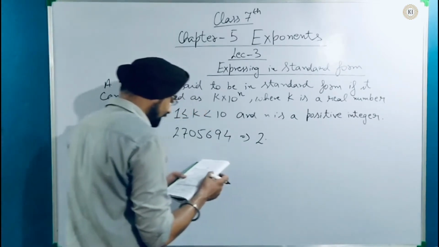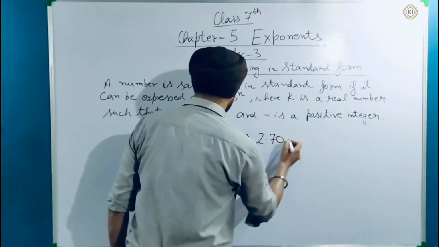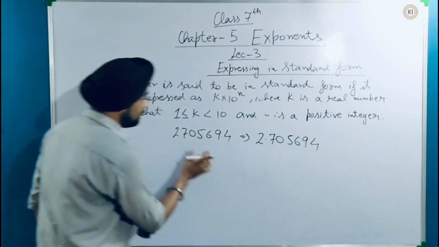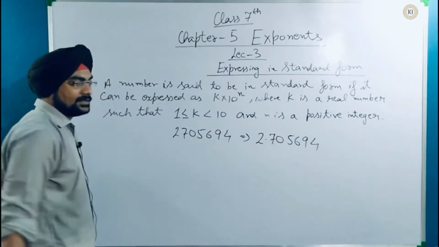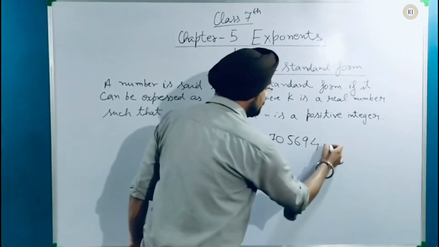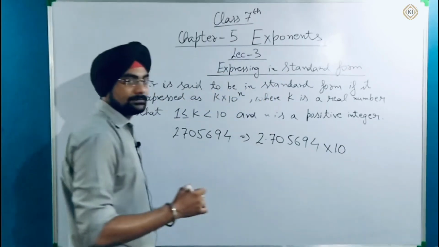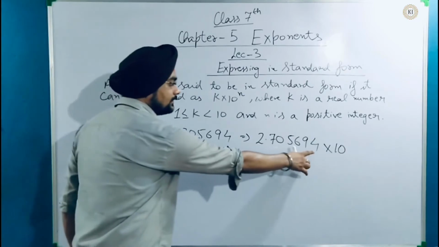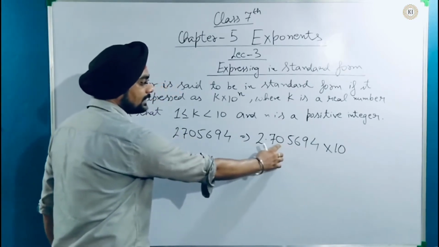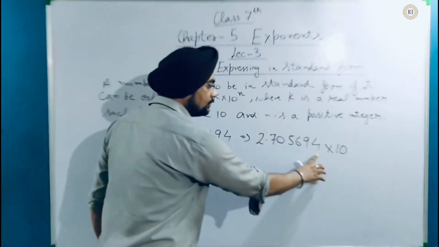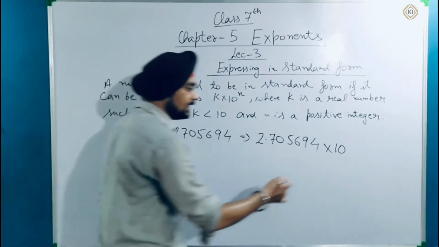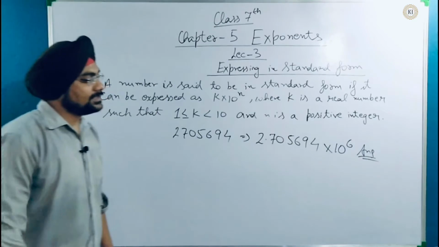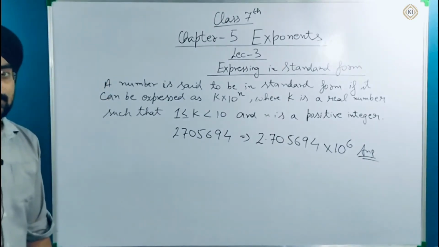Then we write 705694. Whatever value is left, we write after the decimal. Multiply by 10. The base will always be 10. Now see the power. You count all the digits after the decimal: 1, 2, 3, 4, 5, 6. That will be your power, and that is the answer. So this way we express the values in the standard form.